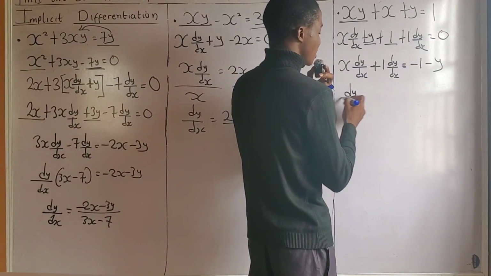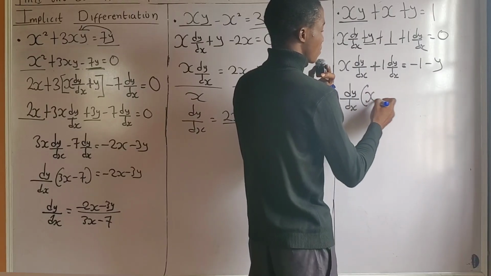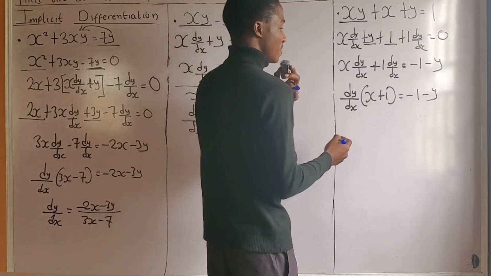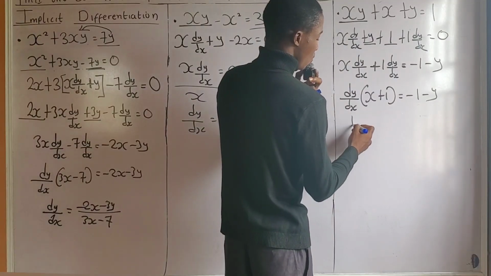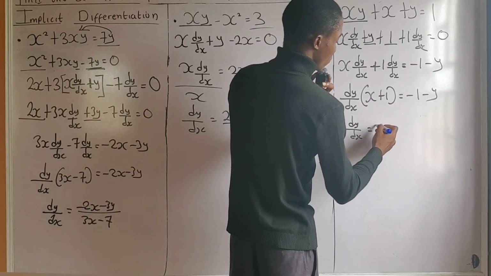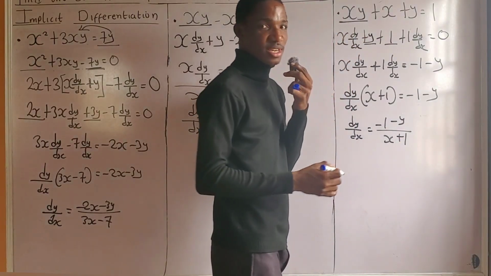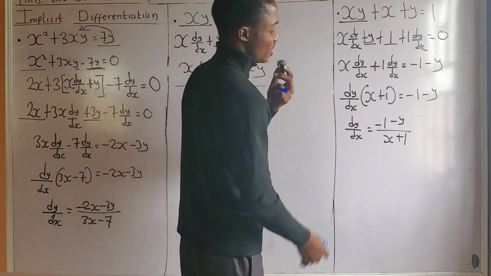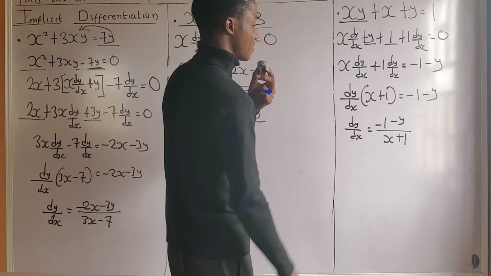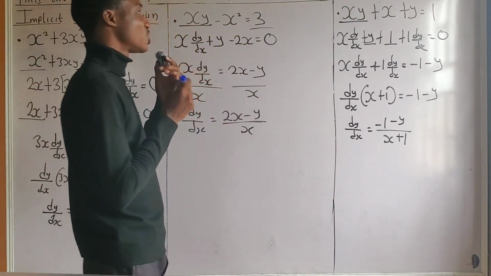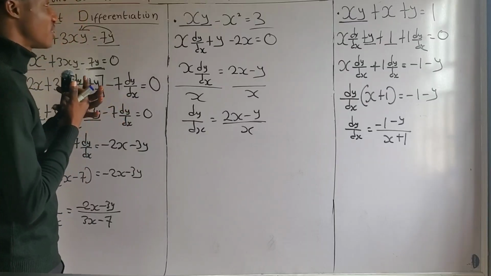So factorize dy dx: x plus 1 equals minus 1 minus y. Dy all over dx will be equals to minus 1 minus y all over x plus 1. Do you understand? So you can leave your answer like this. So that is the solution to the question.